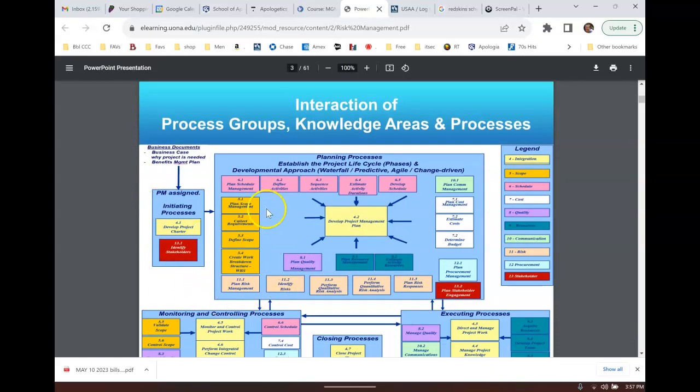This represents the 5 process groups of PMBOK 6. How we start a project, called initiating, all the planning that goes on, executing a project, meaning building that deliverable, controlling that project, and closing the project. So these knowledge areas were used with a lot of processes in each. And integration is what you do.